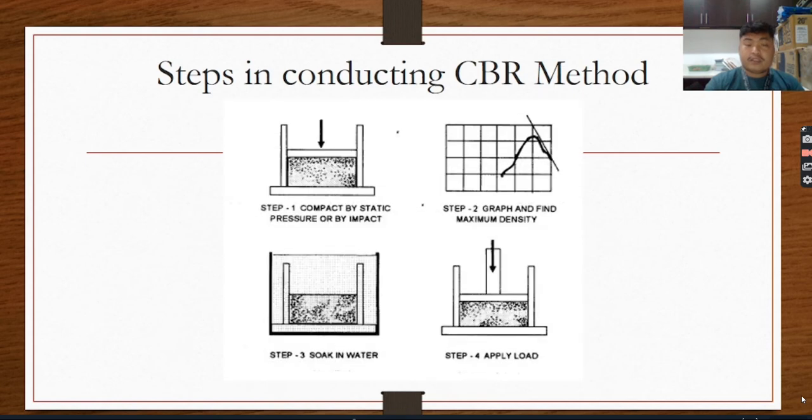So here are the summarized steps in conducting the CBR method. Step 1. Compact by static pressure or by impact. Step 2. Graph and find maximum density. Step 3. Soak in water. And step 4. Apply load.